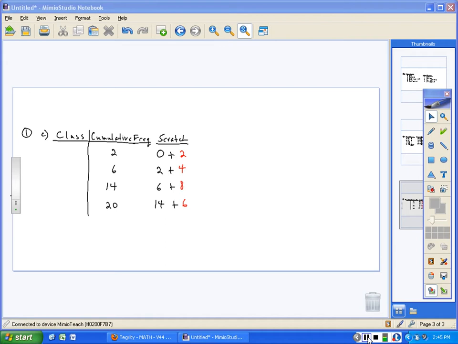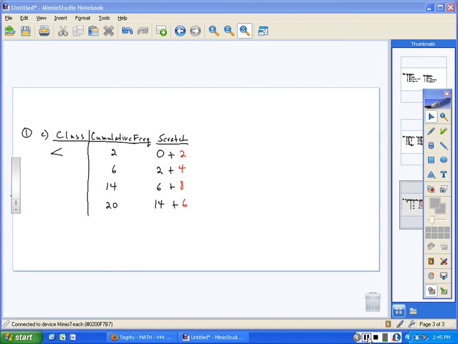Now, the left side here is a little bit trickier, because we use either the phrase or the symbol for less than. I'm going to use the symbol for less than. If you go back to Part A and look at that frequency table, or even the stem plot, the first 2 numbers are in the 60s.